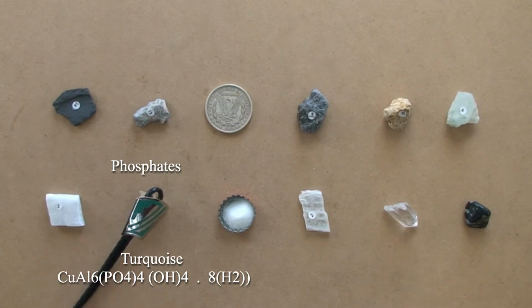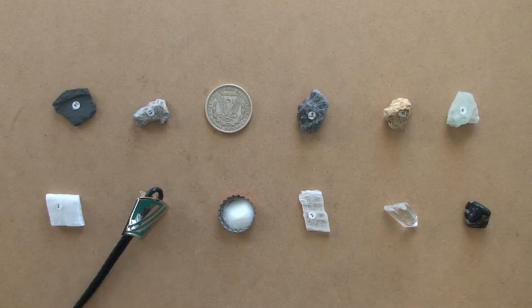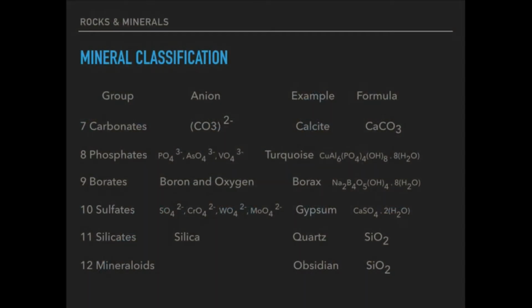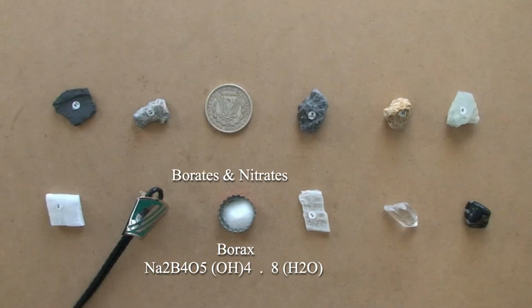Okay, next one in the list is the borates. Let's go to that one here. So this is called the borates and the nitrates. And basically the borates have boron and oxygen. An example I'm using here is borax, which is Na2B4O5(OH)4. So there's borax.